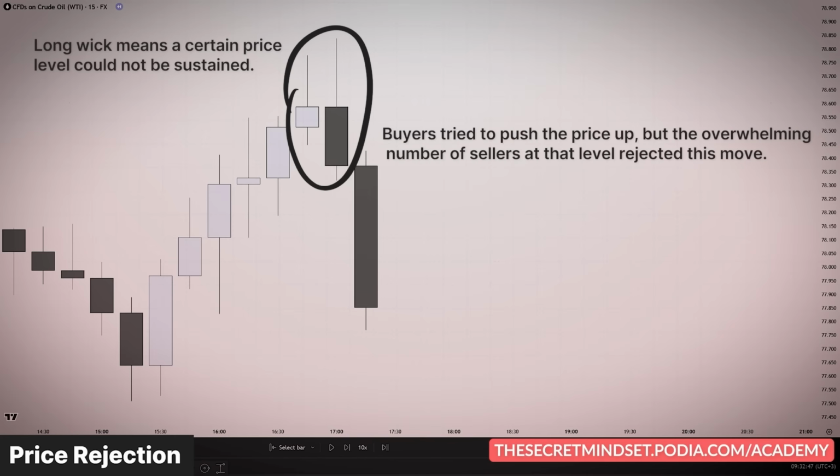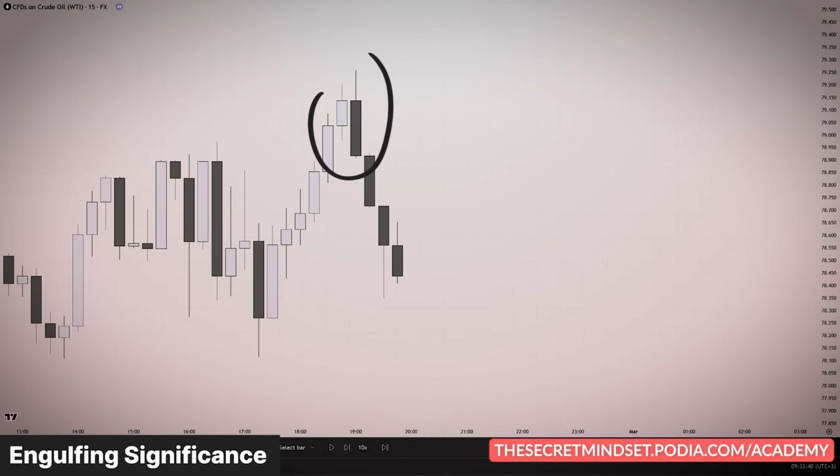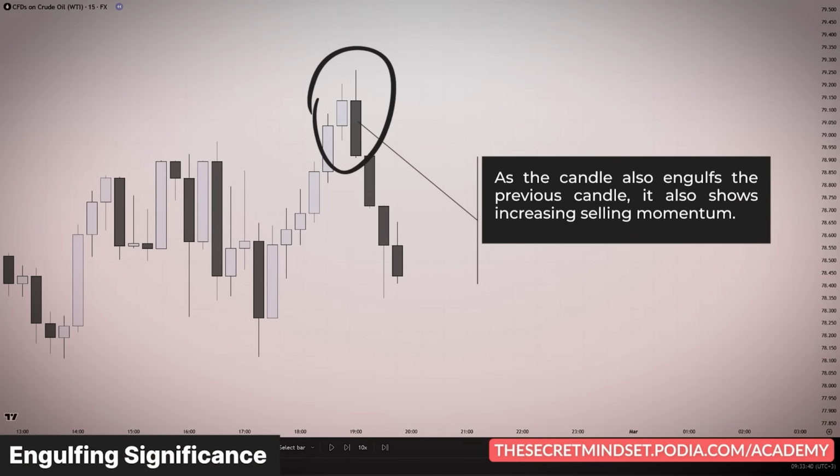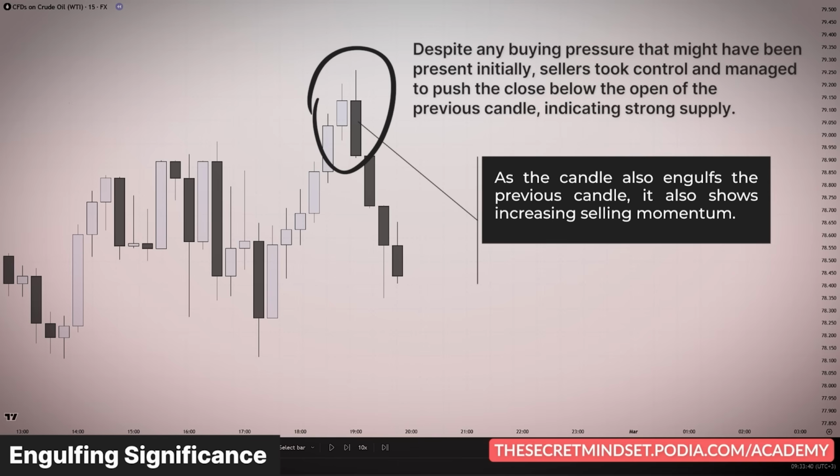Buyers tried to push the price up, but the overwhelming number of sellers at that level rejected this move. If the candle also engulfs the previous candle, it shows increasing selling momentum. Despite any buying pressure that might have been present initially, sellers took control and managed to push the closing price below the open of the previous candle, indicating strong supply.